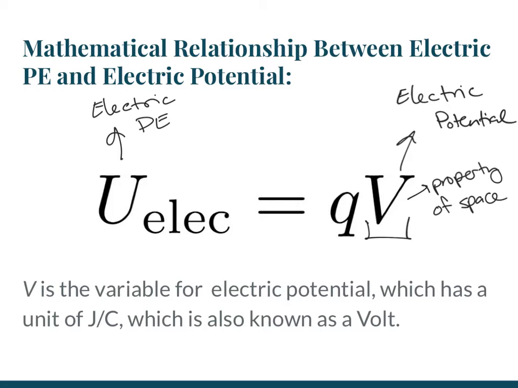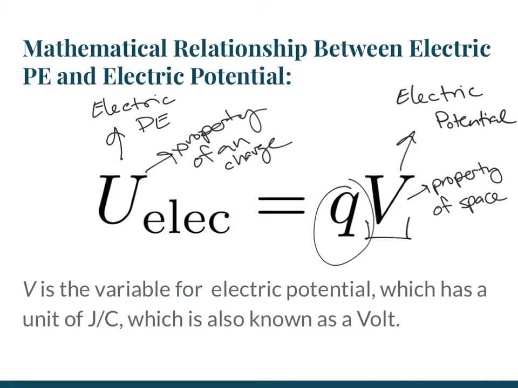Now, when a charge enters that field and enters the area with potential, it gets a certain potential energy, which is this U. So this is a property of an object or a charge. And the charge of that object in the equation is over here as Q. So, entering an area that has electric potential gives a charged particle an electric potential energy.